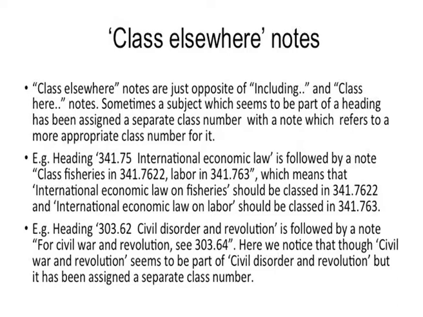Here we notice that though civil war and revolution seems to be a part of civil disorder and revolution, it has been assigned a separate class number. So, this is an example of the class elsewhere note. Similar types of topics have been given separate, different numbers.